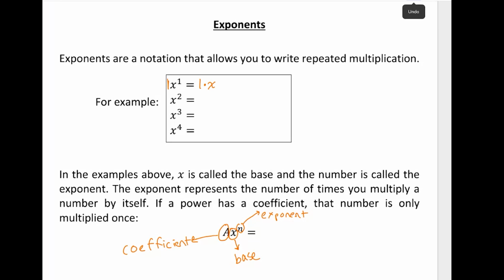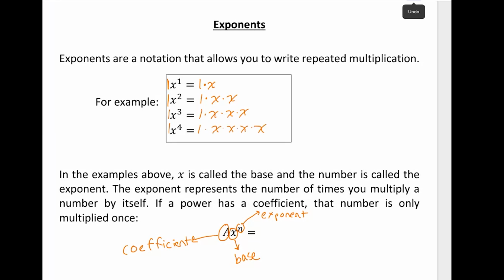So instead, I want you to be thinking about it as multiplying this base by the coefficient this many times. So for x cubed, I want you to think about that as 1 times x cubed. You're multiplying 3 x's, but you're still multiplying it by that coefficient.